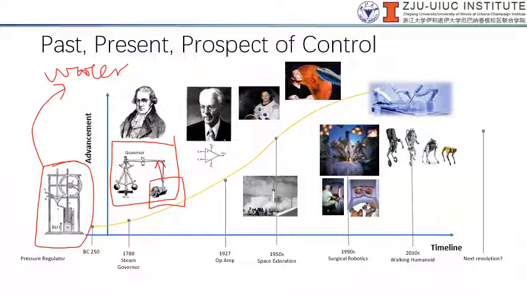After that, it was driven by the need for space exploration, and now, coming closer to our daily life, in healthcare, surgical robotics, you need a lot of control, and Boston Dynamics produces walking humanoid, bipedal robots as well as quadrupedal robots.